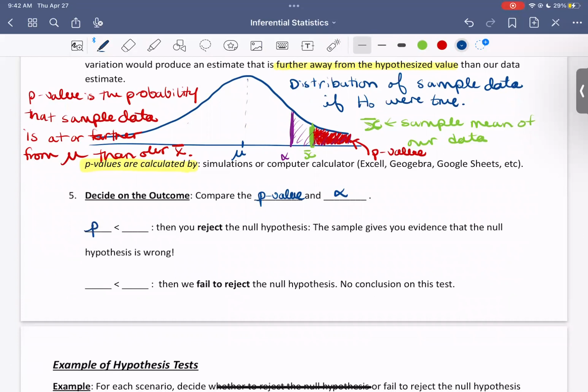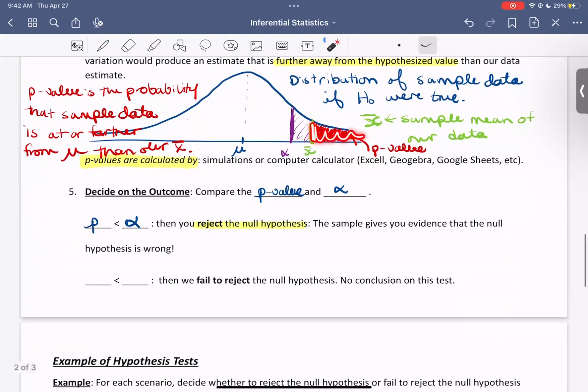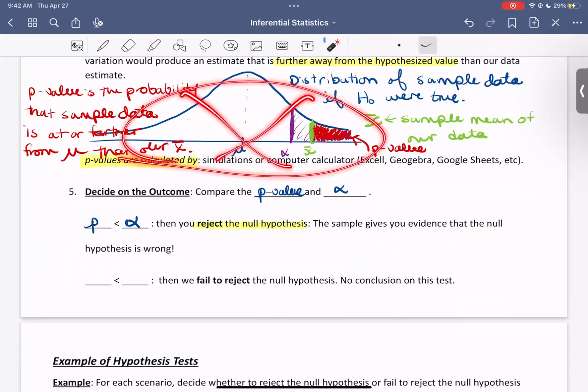Well, if p, that probability that sample data is at or further away from our sample, is smaller than alpha, then we choose to reject the null hypothesis. So meaning we say that this must not have been true, this distribution, because it's so unlikely for that X bar to happen if this were true. And so we say that the sample gives you evidence that the null hypothesis is wrong. So we say, nope, this must not be right.